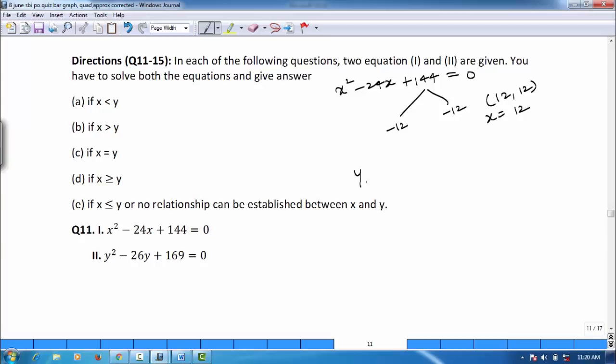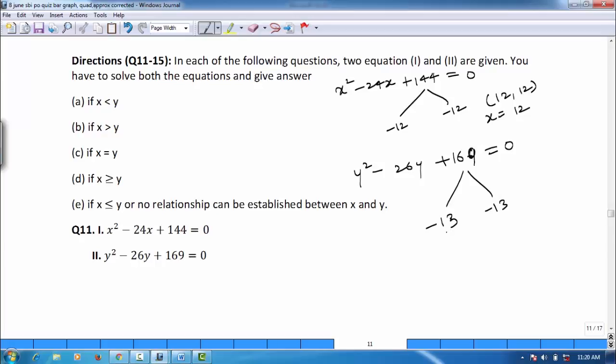Now the next equation is y square minus 26y plus 169 is equal to 0. So 169 can be divided into minus 13 and minus 13.